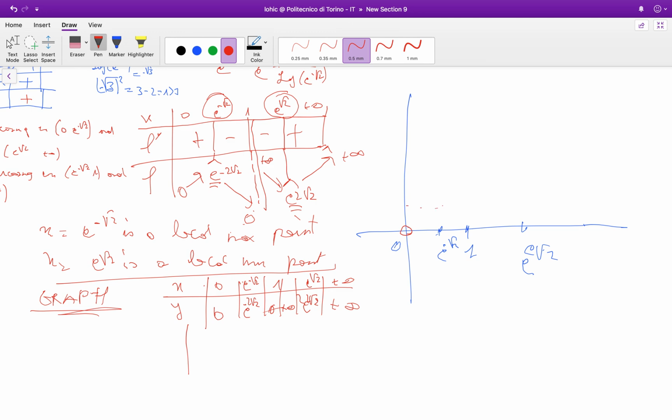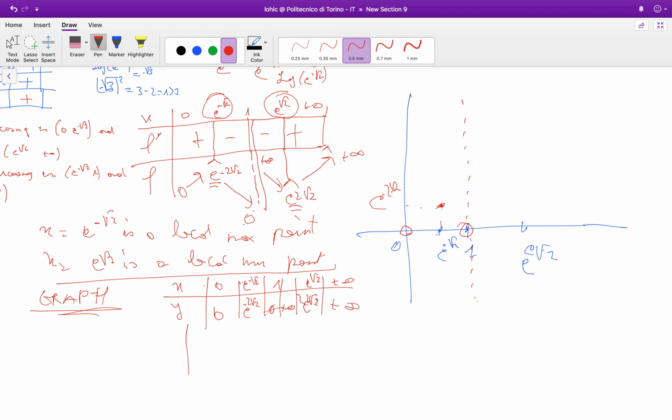Let's suppose that is exponential of minus 2 root 2. Yes or not? Then we have the vertical asymptote at 1, because the function goes to infinity there. We have the point 1 minus corresponds to 0, so we'll open like this. Yes or not?